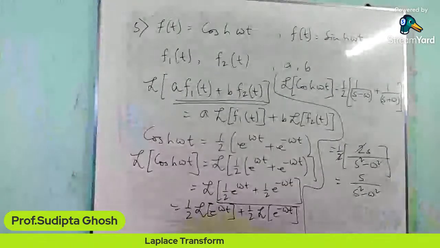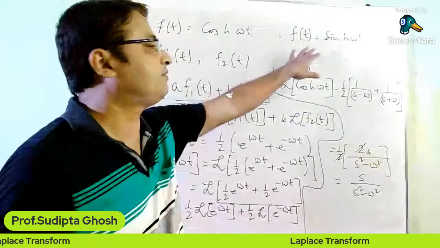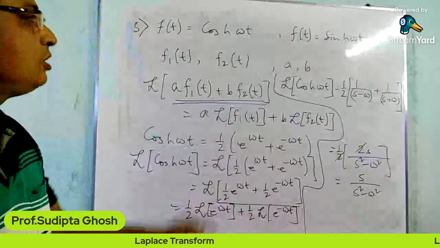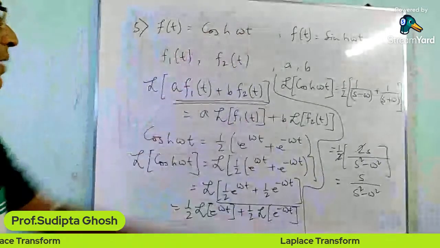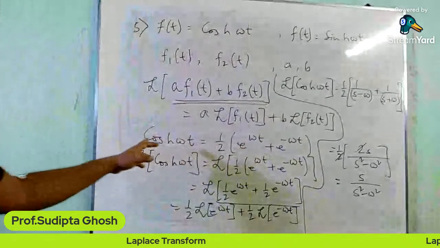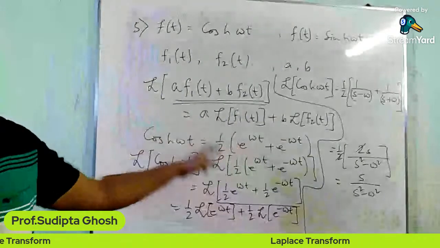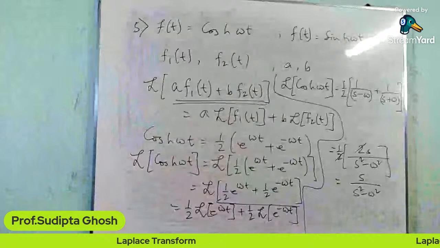Now let's take the function f of t with a value of sine hyperbolic omega t. The difference between the cos hyperbolic and sine hyperbolic functions, in their expanded form: cos hyperbolic omega t equals half of e to the power omega t plus e to the power minus omega t.